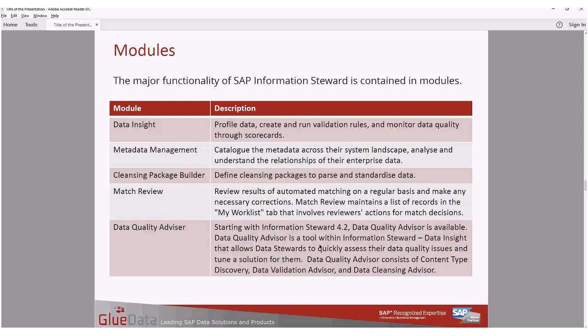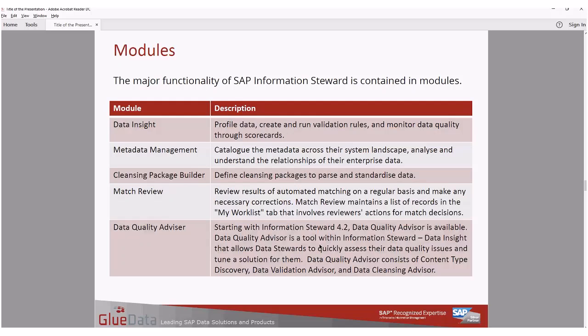The Cleansing Package Builder is a standardization tool. You define some rules, and it basically generates a little program that you can go and run on your data in order to standardize it. There's match review functionality, which comes down to deduplication.